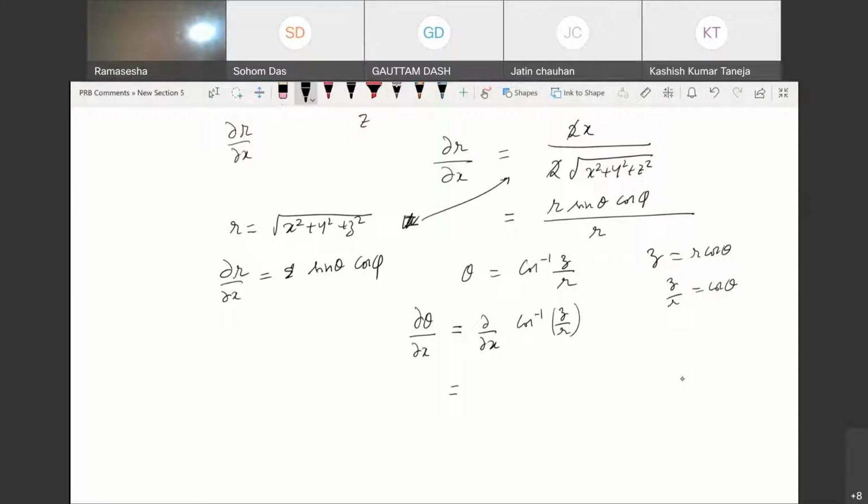Whenever I differentiate cos inverse z by r, that is going to give me minus 1 upon root of 1 minus z squared by r squared, and then I have del by del x of z by r.